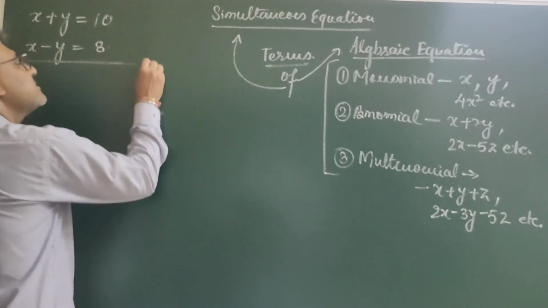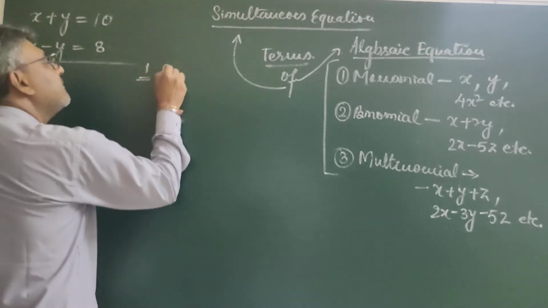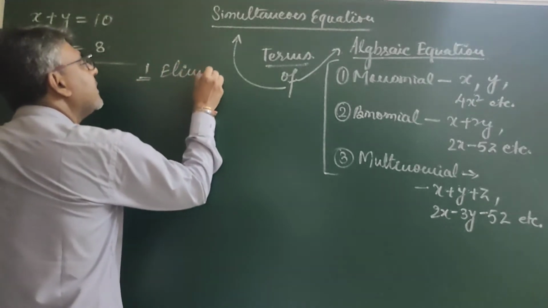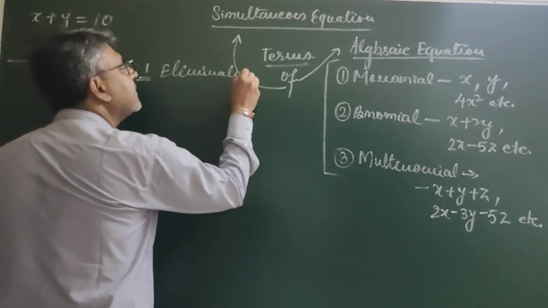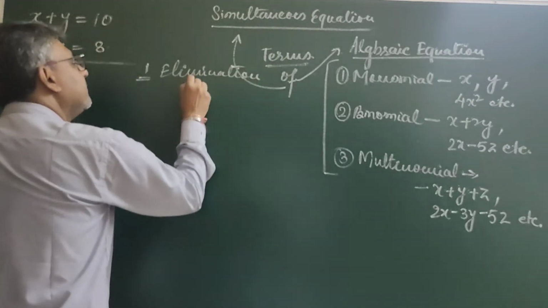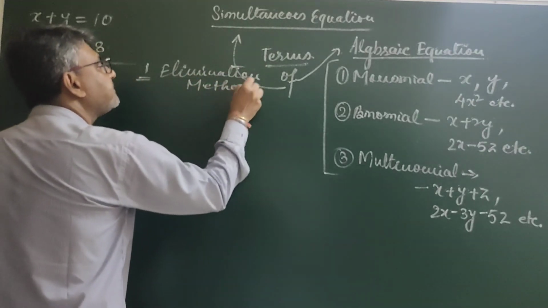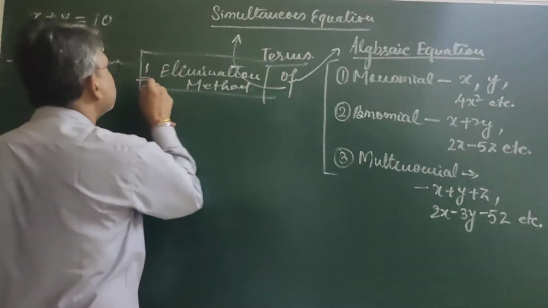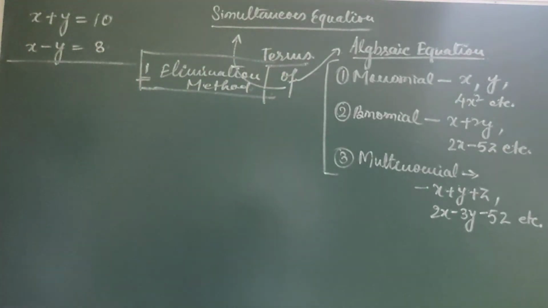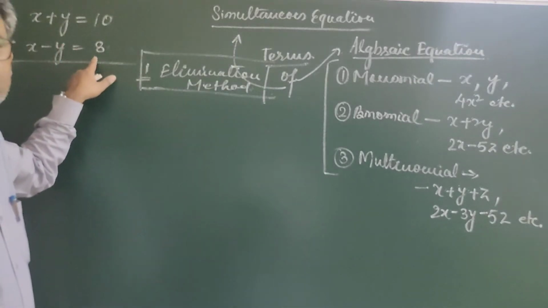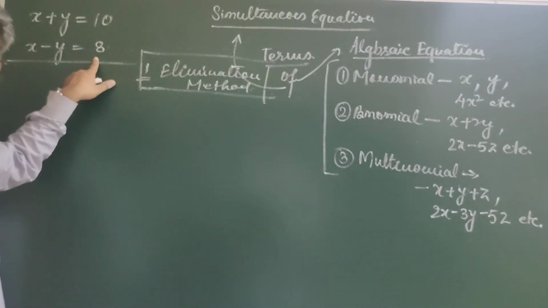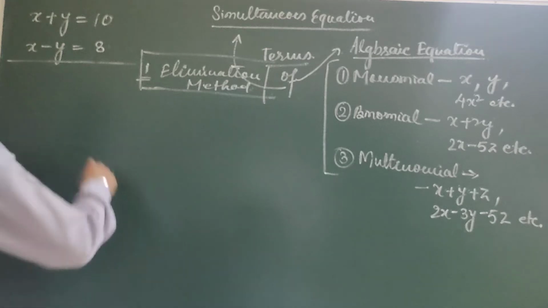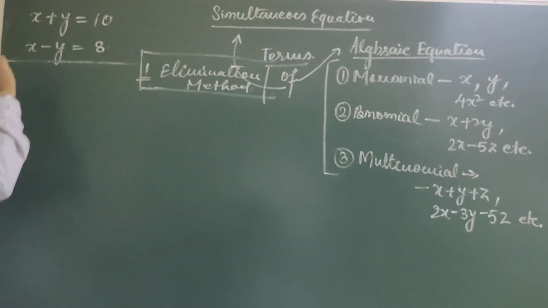Now the topic is first, elimination method. Okay. Two unknown values are there in the equations. First one, this one, and second, this one.